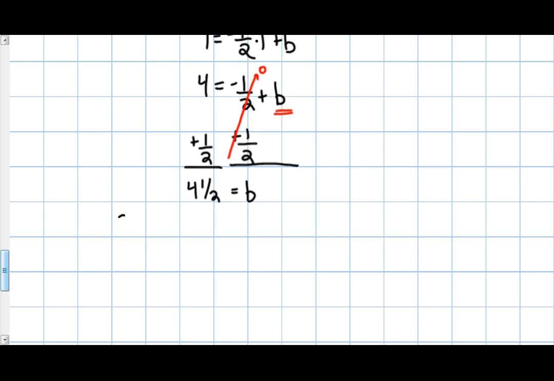All right, and then with this, I can answer my question. So my solution is this: the slope equals negative 1/2, and the y-intercept equals 4 1/2.